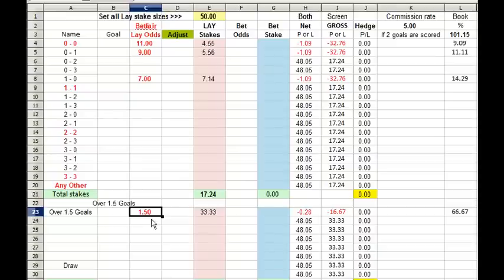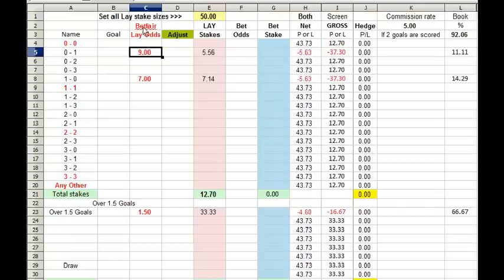So we may start this particular trade by laying 1.5 in over 1.5 goals, and then as the game progresses we might lay something in correct score, but we know that these three odds are going to go down, so we may lay these as the game progresses so that we get lower odds and get a profit.